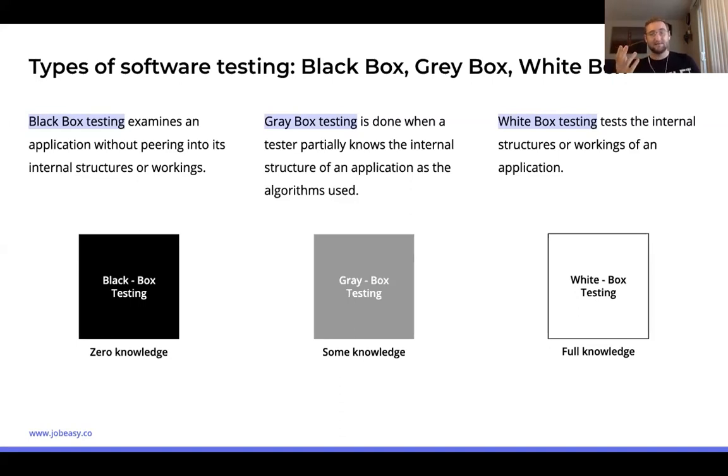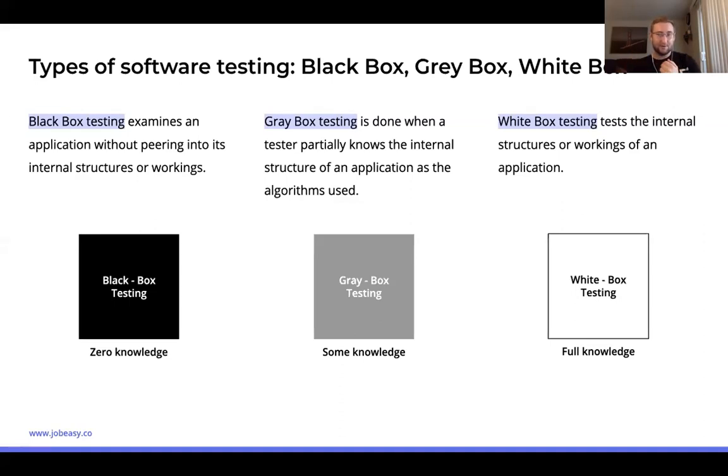So what is the difference? Let's start with black box testing. Black box testing examines an application without peering into its internal structures or workings. This course, as we call it, a manual QA course, is basically designed for black box engineers. Black box engineers are, let's call it, more sophisticated users who assess the application from the user point of view.